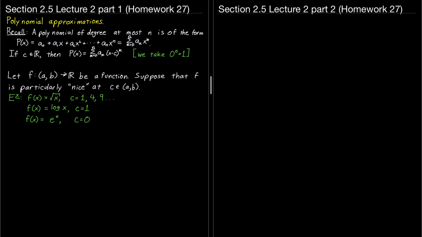So lots of functions that we care about deeply are very well behaved at one value. Often it's 0, but sometimes it's 1 or 4 or something. And they're not very well behaved anywhere else. They're hard to deal with. You get these horrible decimals, so we'd like to come up with a polynomial based just on the behavior of f of x at the point c.